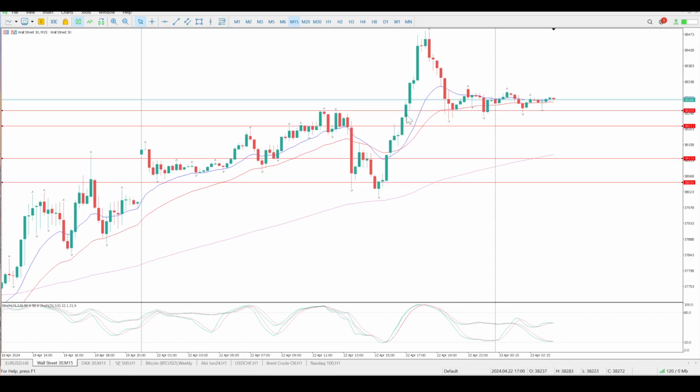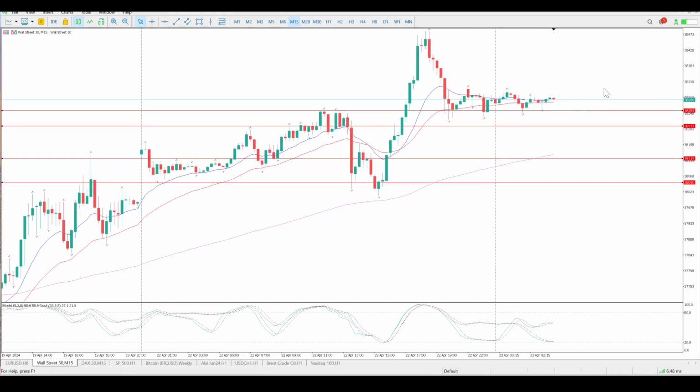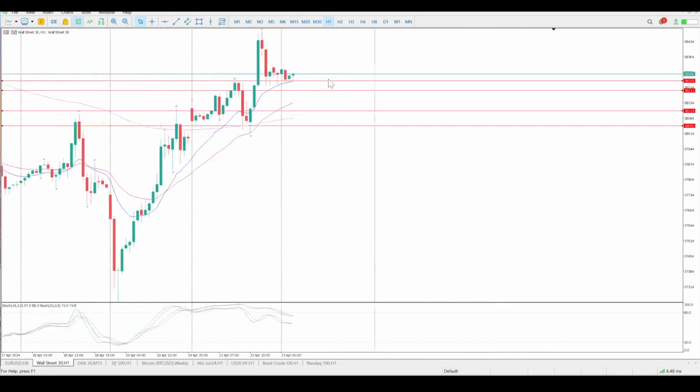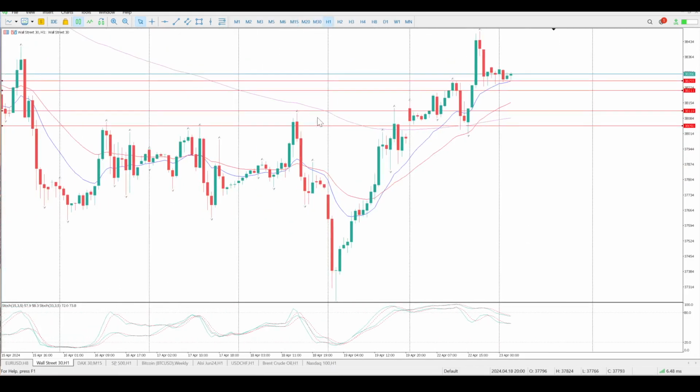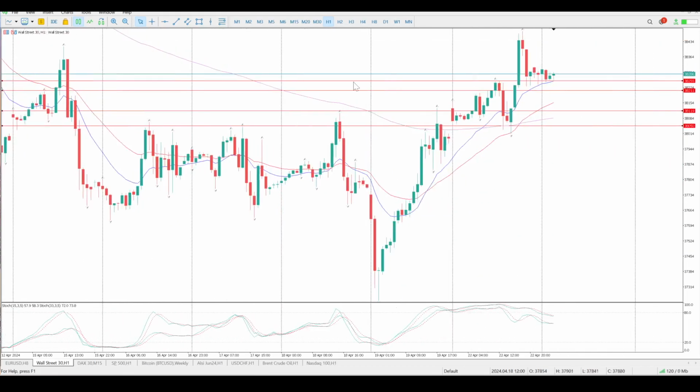So I would be very cautious of trying to jump in on here, not with all these gaps to the downside. So often what happens, these gaps are filled, but then you do have gaps to the upside as well. So take your pick. Which way is it going to go? Are we going to close the gaps to the upside or close the gaps to the downside? Are we going to stay in the upward trend, or are we going to reverse this trend? I don't think that is an option on the hour at the moment.